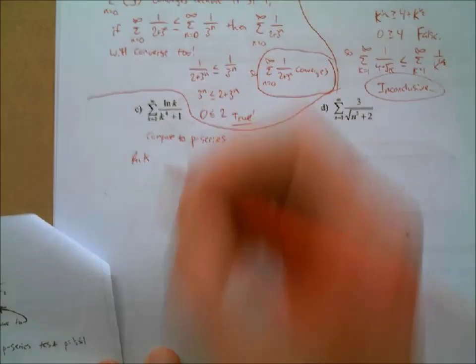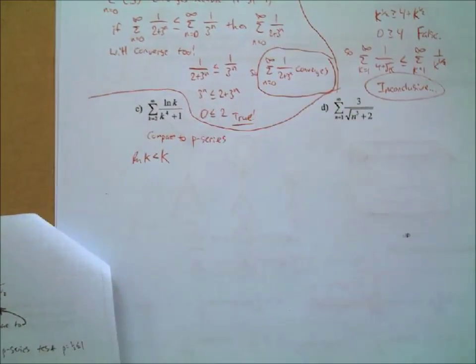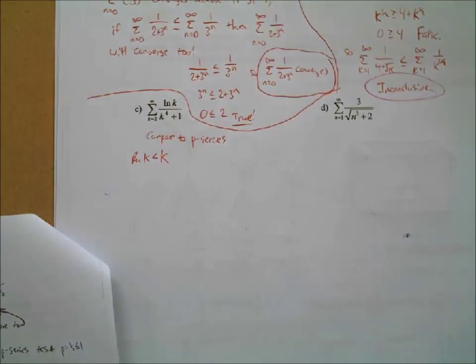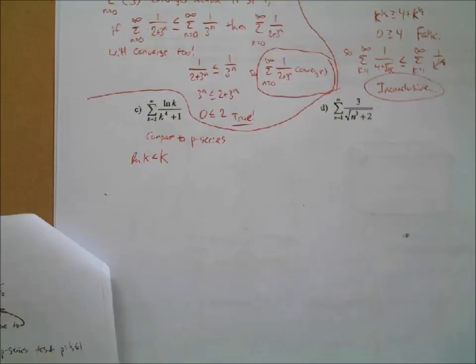ln of k, natural log of k, is always less than k. With the way the numbers work out here, no matter what you plug in, the natural log of k will always be less than what k actually is.